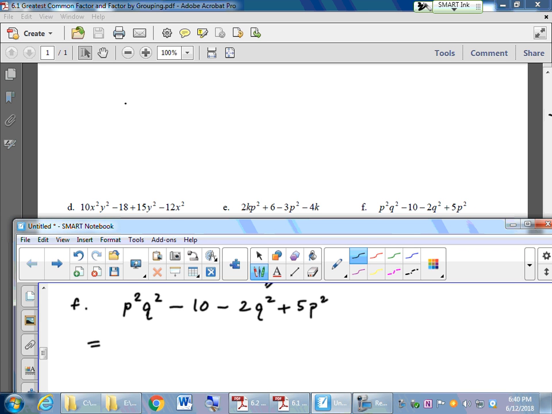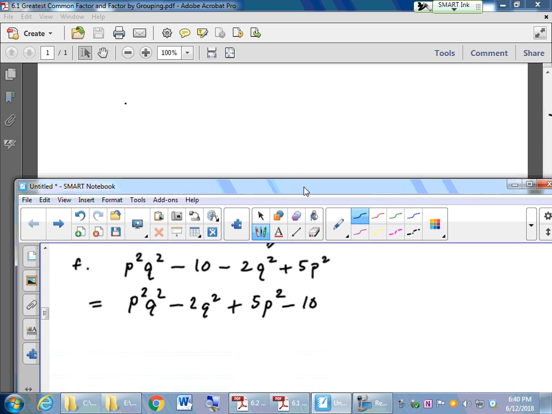As usual, I'm going to try to put the terms that go together first. So it'll be p squared q squared and a minus 2q squared. That way, if I factor out q squared, I will be left with p squared and 2. Since p squared comes first in the first group, I will rearrange it this way: plus 5p squared minus 10.